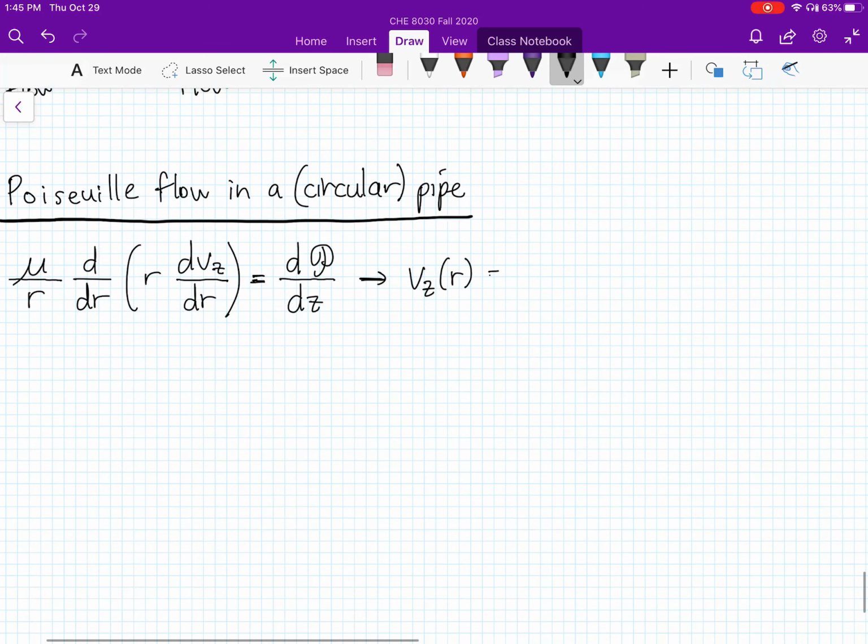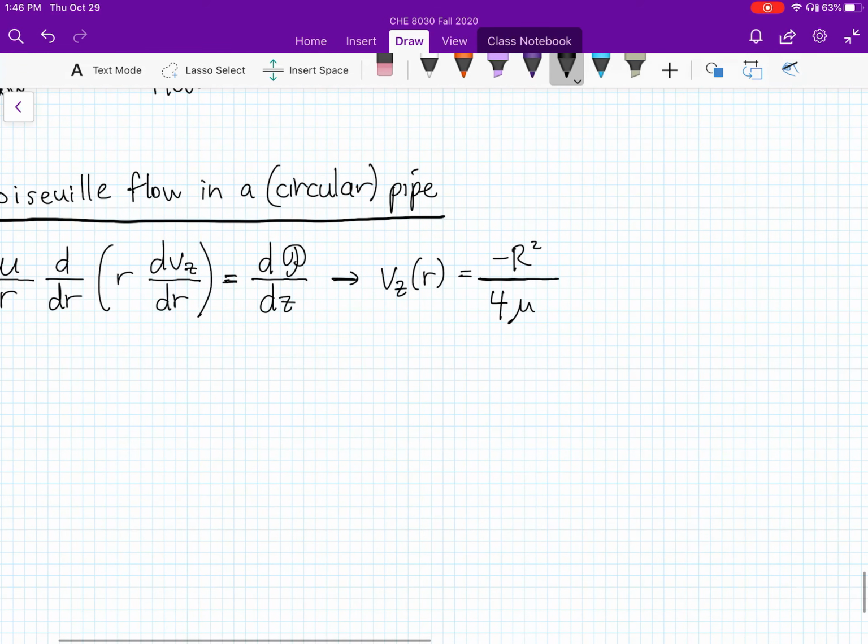And you will see it takes a very similar form to the equation above for rectangular coordinates. Our characteristic length here is now r instead of h. We now have a 4 mu on the bottom.